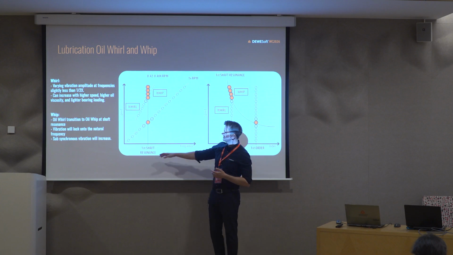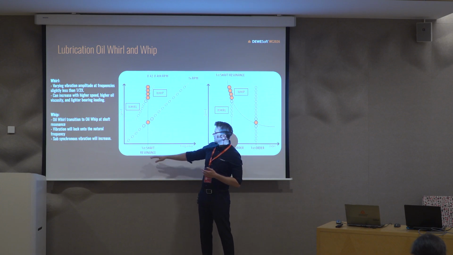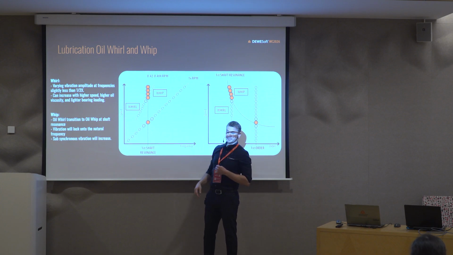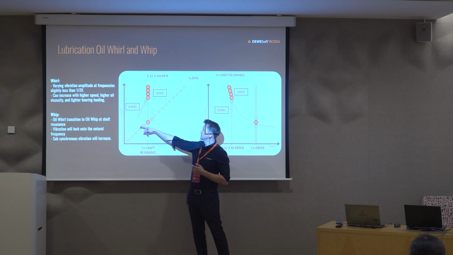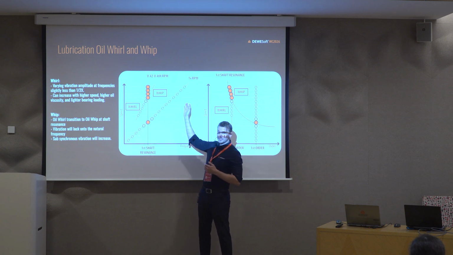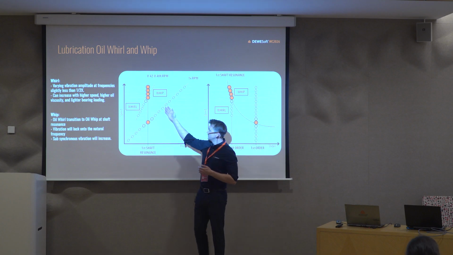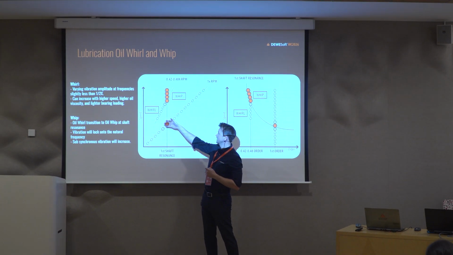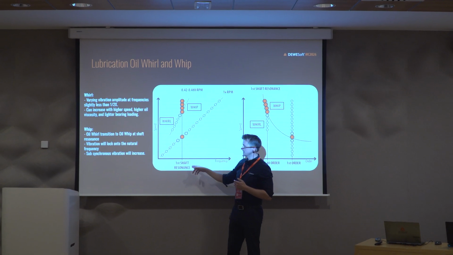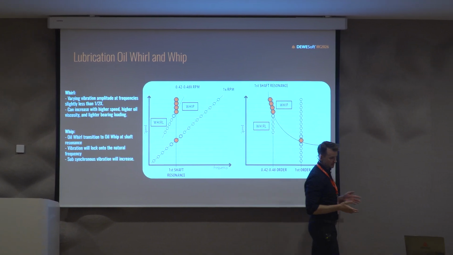That can happen sometimes if you are getting across the first shaft resonance, where instead of the orders normally just following the speed, in some cases this oil film begins to actually stick to that first resonance frequency. So this is a little different.